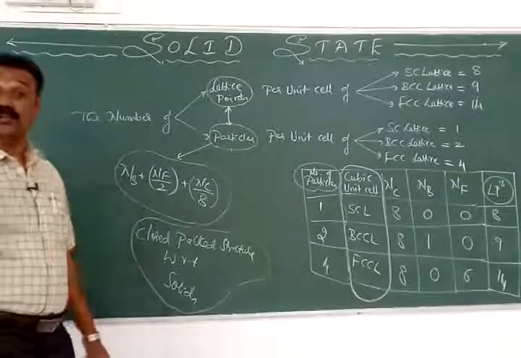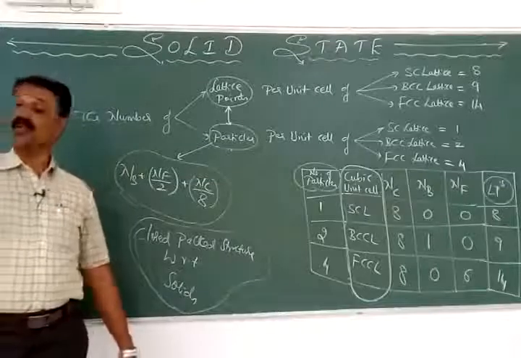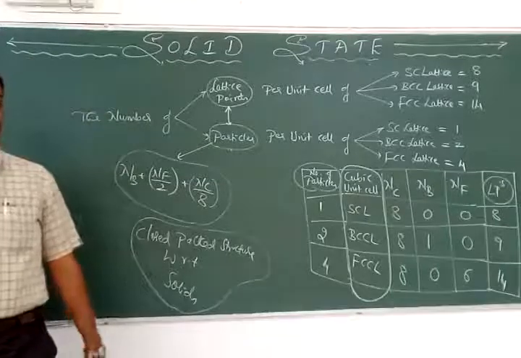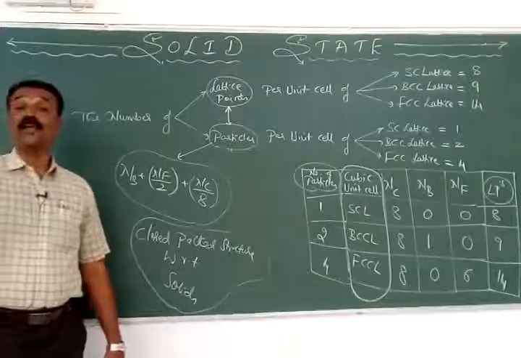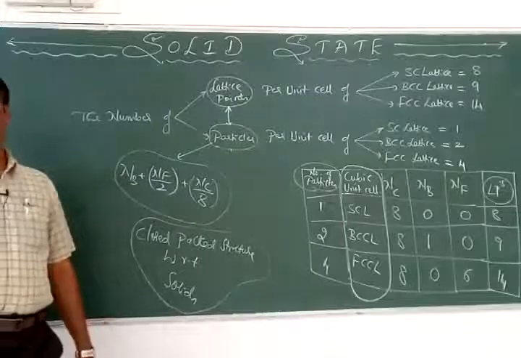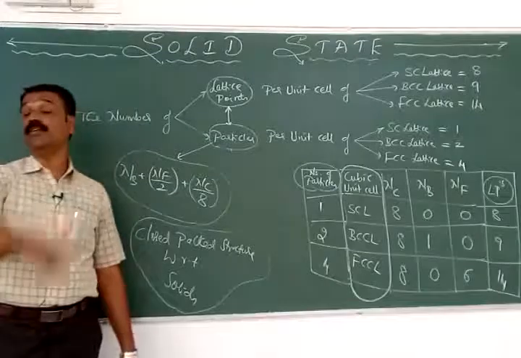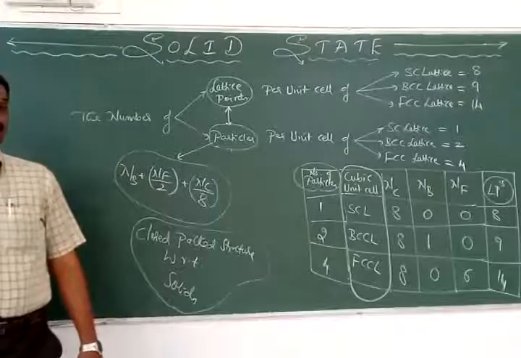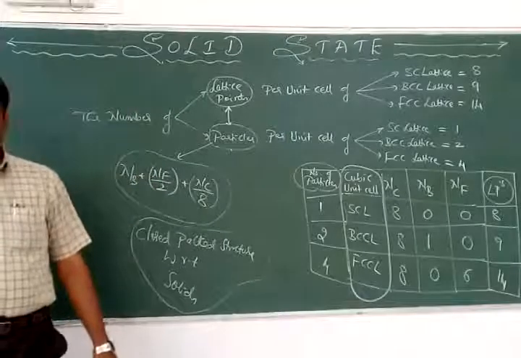How does it have the geometry with respect to one dimensional, two dimensional, and three dimensional? That all one dimensional, two dimensional, and three dimensional arrangement of the particles we are studying under the topic called close packed structure of solids. Okay, so that we will discuss in the next session, the sixth session of this chapter, the solid state. Okay, so thank you.